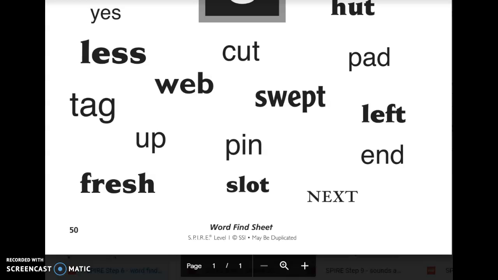The other one I noticed was fresh. So that one's a little different because we know that S and H together say sh. So that would be one sound. So we would have f, r, e, sh. So that's only 4 sounds when it has the same amount of letters as that word swept. So very difficult stuff you guys are doing.